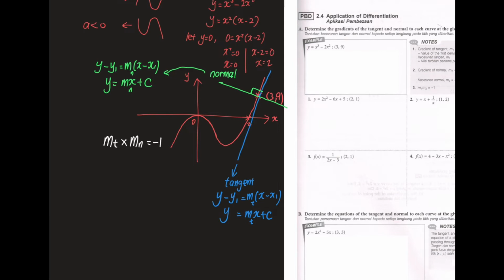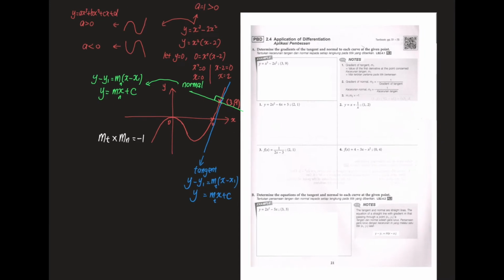Okay, so let's come back to our question here. Our question said you have to find gradient of tangent. That means you have to find gradient of tangent, which is mt. You have to find gradient of normal also, which is mn. So how to find gradient of tangent and gradient of normal?